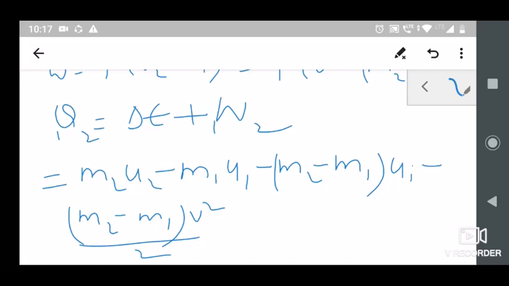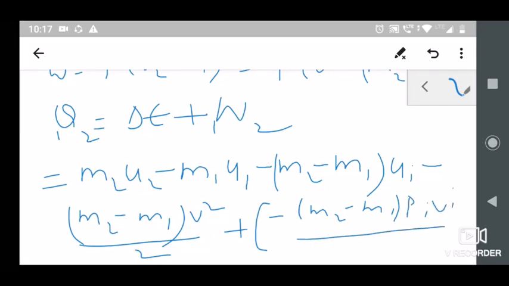So this is your complete energy. And the other term is flow work. Flow work is, as we derived before, (m2 minus m1) into pi vi.